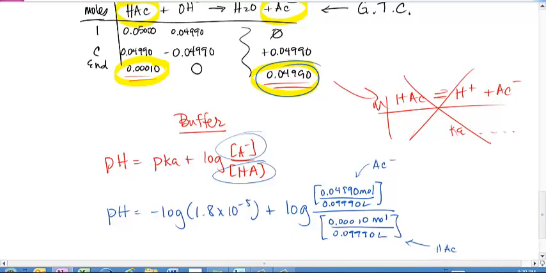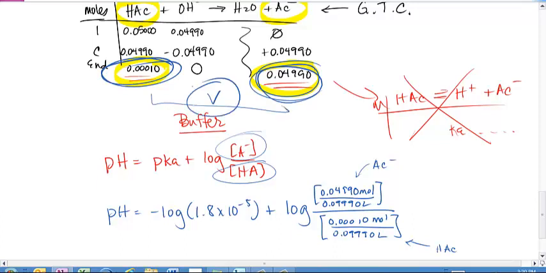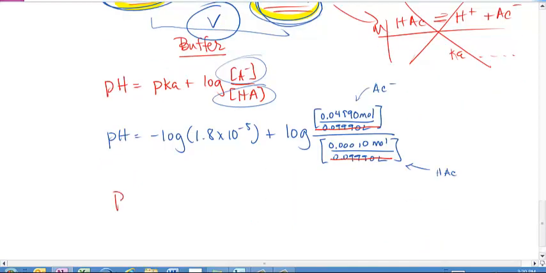Now you guys here, let's shortcut it again. The number of moles came from my ICE table up here. But notice they're naturally going to be in the same volume because they're poured together. So these volumes cancel out. So what I could do instead is, pH is negative log of 1.8 times 10 to the minus 5 plus, and just do a log of the moles only.